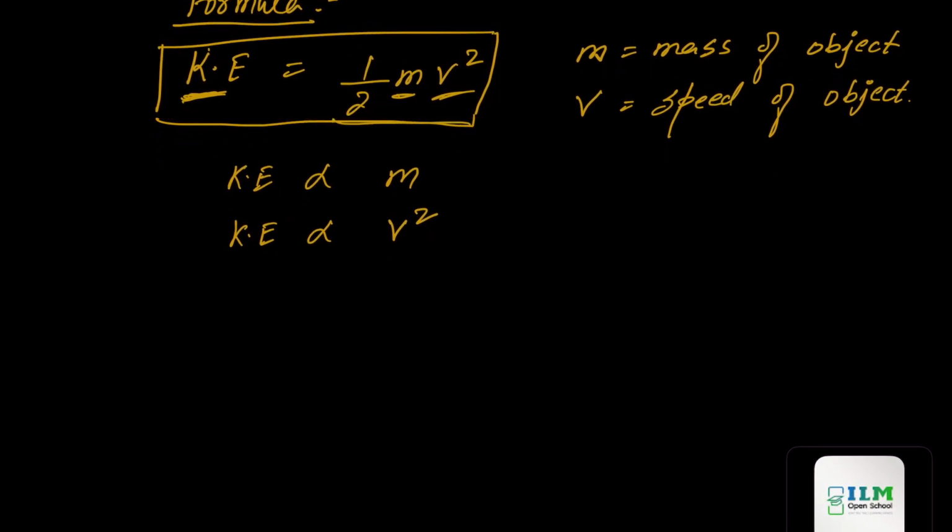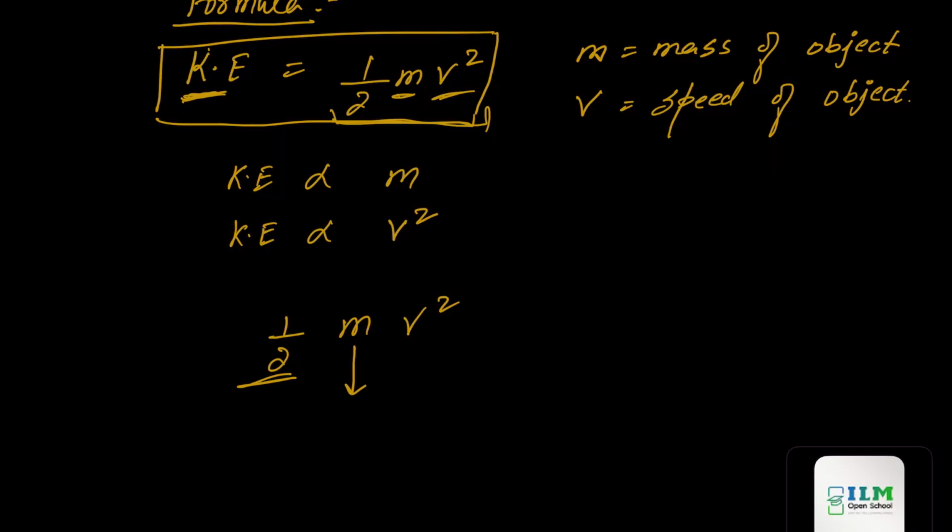In the topics we have studied earlier, we have seen that work can be positive, negative, or zero. Here we can find out whether kinetic energy can be negative or positive. To see that, we look at the formula, half mv squared.